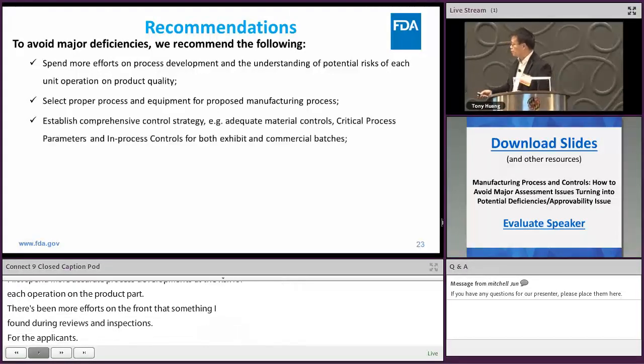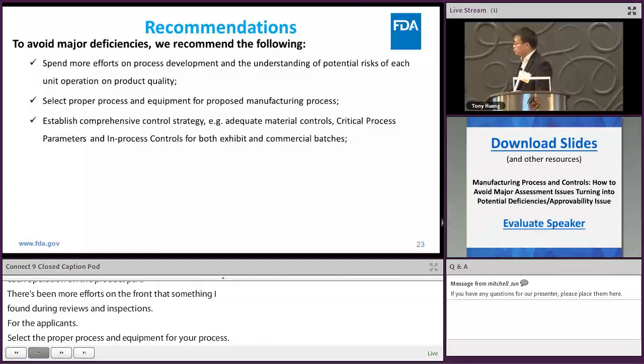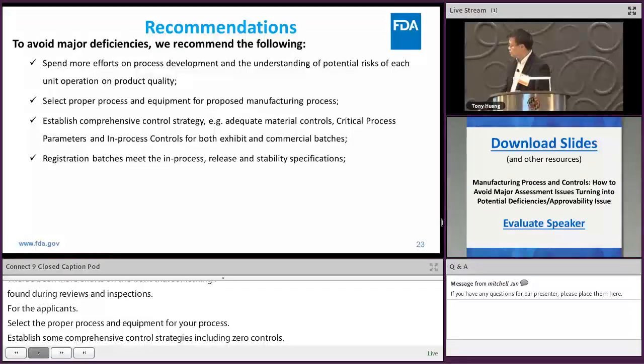Establish a comprehensive control strategy, including material controls, the critical process parameters, and in-process controls for both exhibit batches and commercial batches. You have to make sure that your registration batches meet the in-process release and stability specifications.